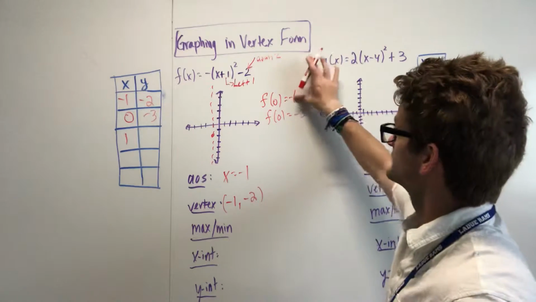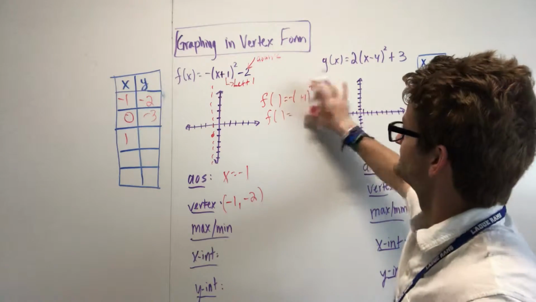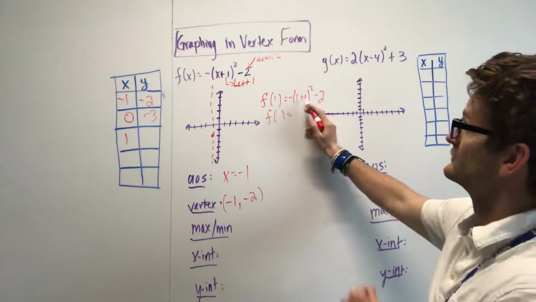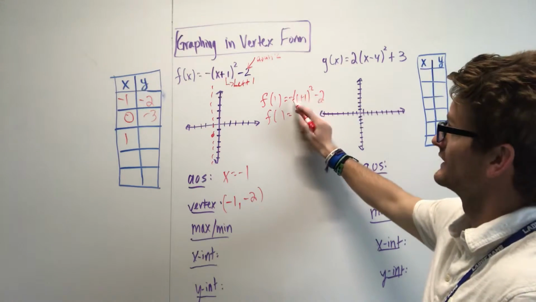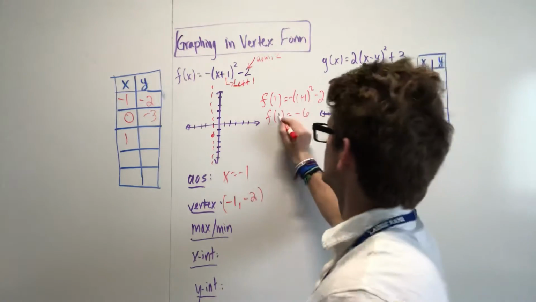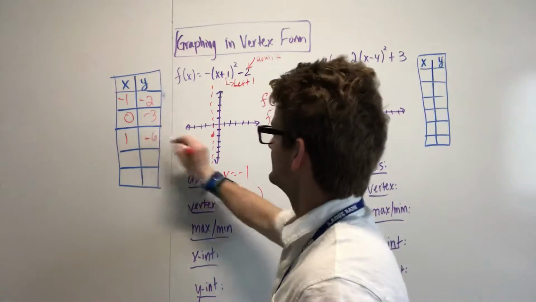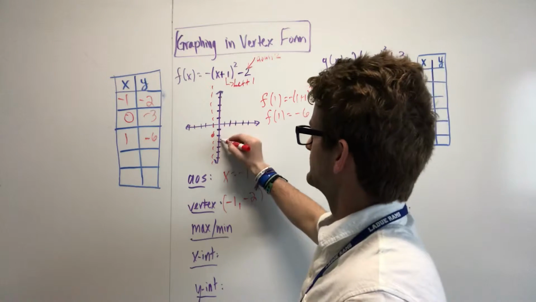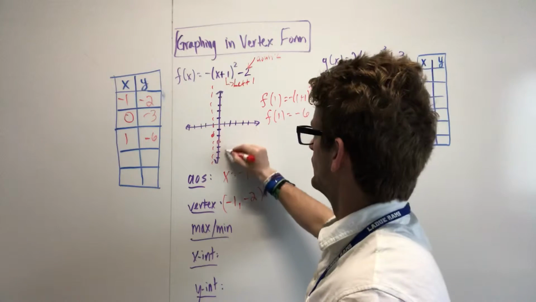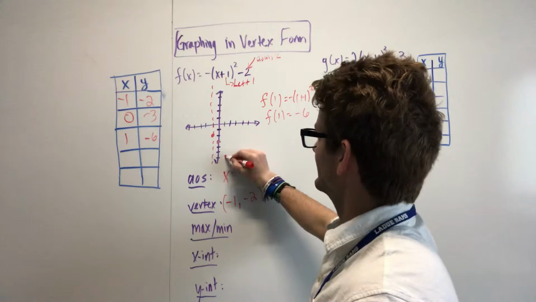If I substitute 1 in, I get 1 plus 1, which is 2. 2 squared is 4, so it's negative 4 minus 2, which is negative 6. So f of 1 is negative 6. I'm going to plot these really fast: 0, negative 3, and 1, negative 6.